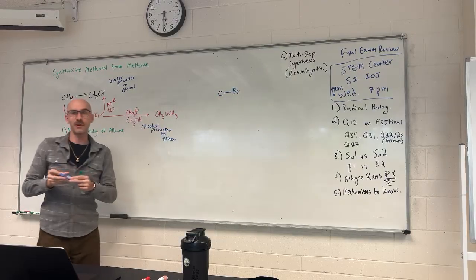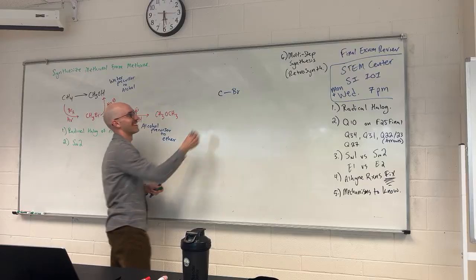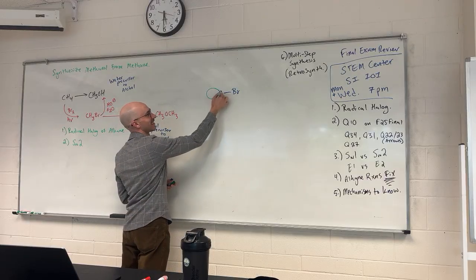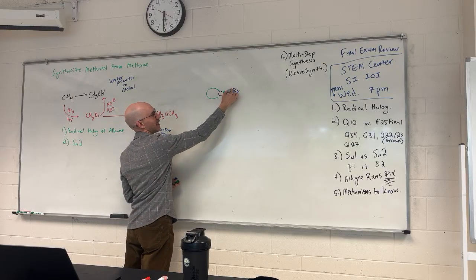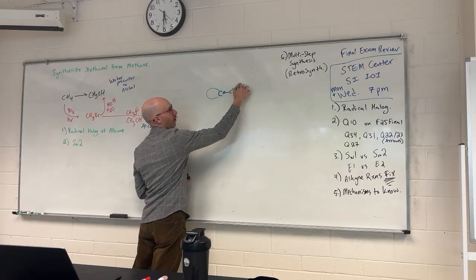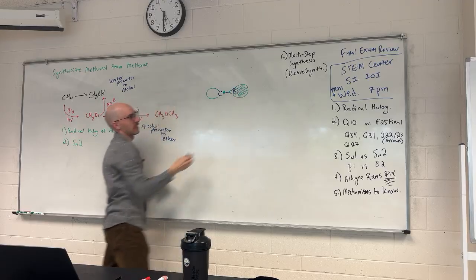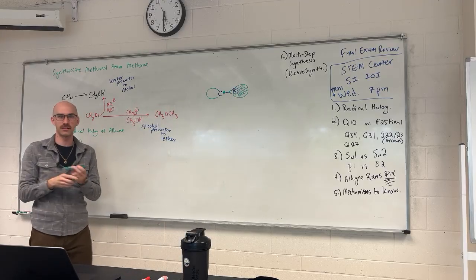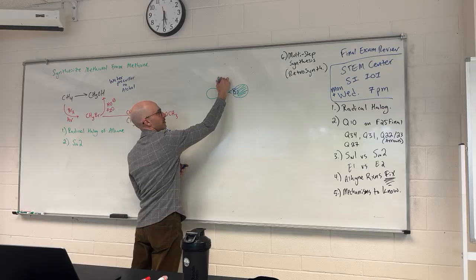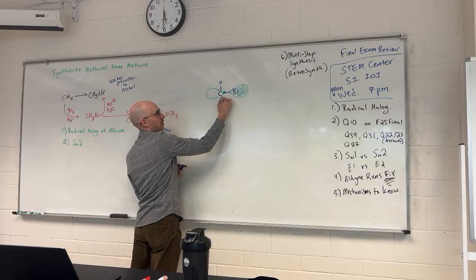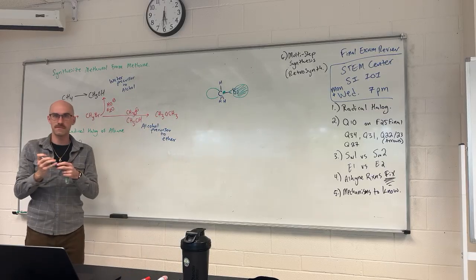If we look at MO theory, MO theory says that there is a sigma star orbital on the carbon to bromine bond. And for right now, I'm just going to sketch in the hydrogens that are here.